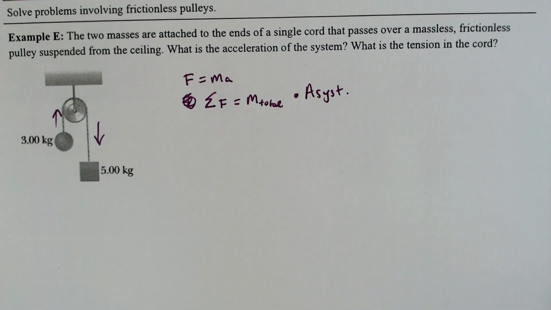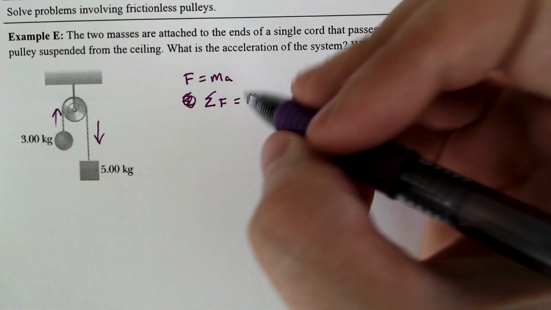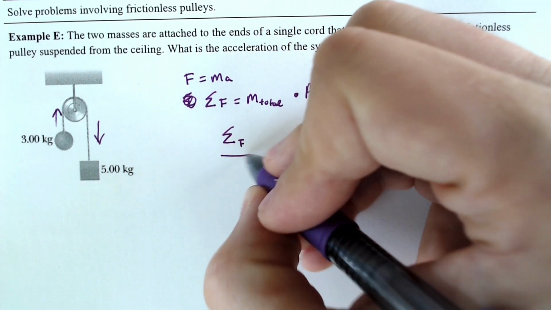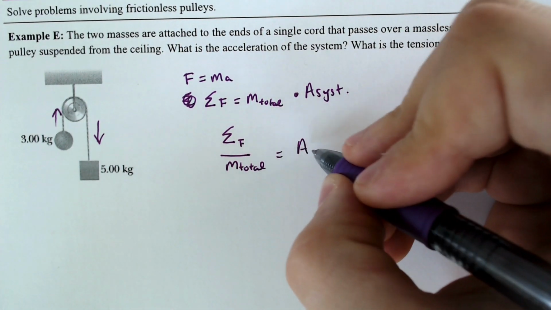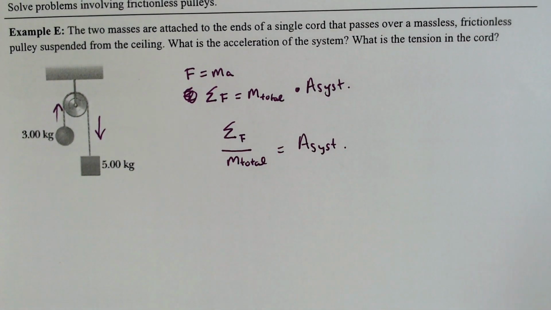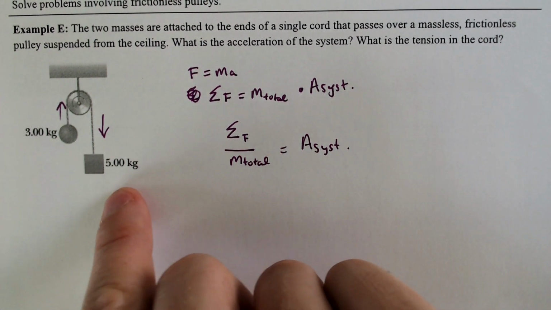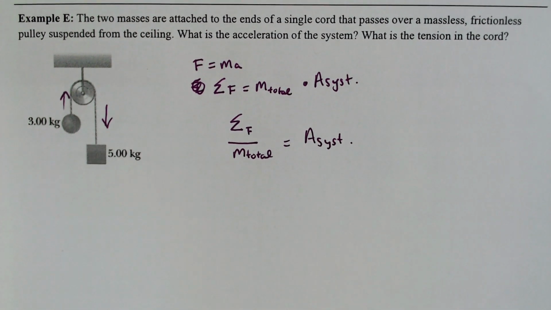And if we wanted to solve for the acceleration of the system, we could take the sum of all forces divided by the total mass, which will equal the acceleration of the system, which could be very useful, okay? Because once we find the acceleration of the system, we could separate it out to find the tension of each individual rope and so on and so forth.